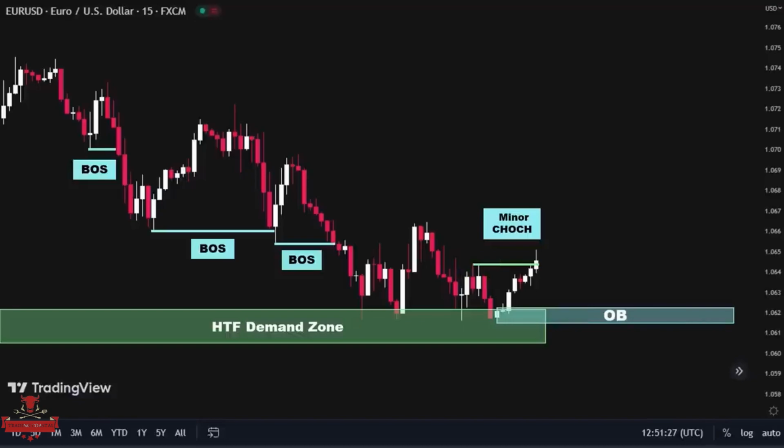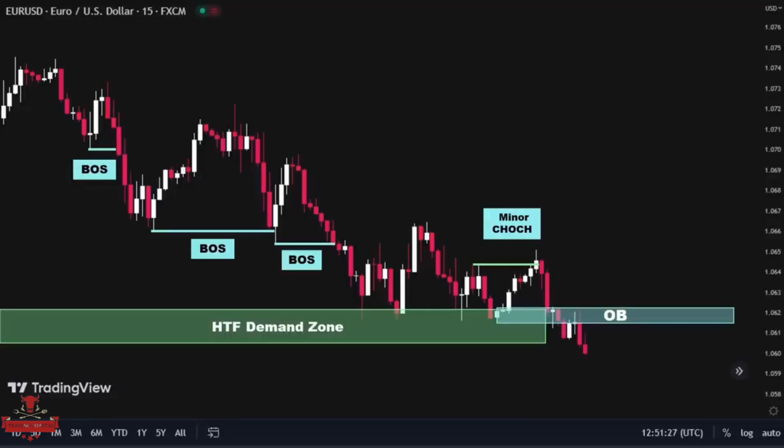They expect price to change its direction to the upside, so they would place their buy orders at the highest point of the area, which is created by the CHOCH. But as you can see, market structure shift has not happened. Price did not respect the minor change of character's demand area, and the stop loss of the traders who entered the market with longs was hit by the price, and they ended up with some losses.